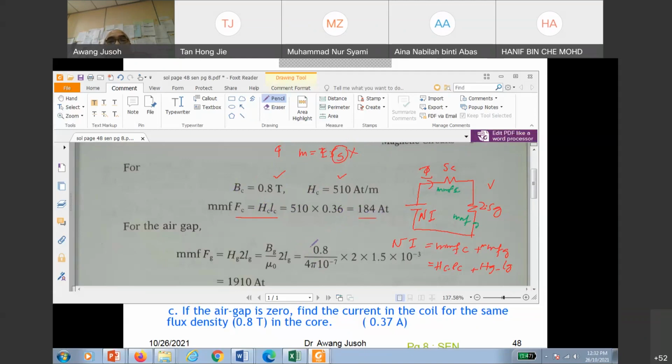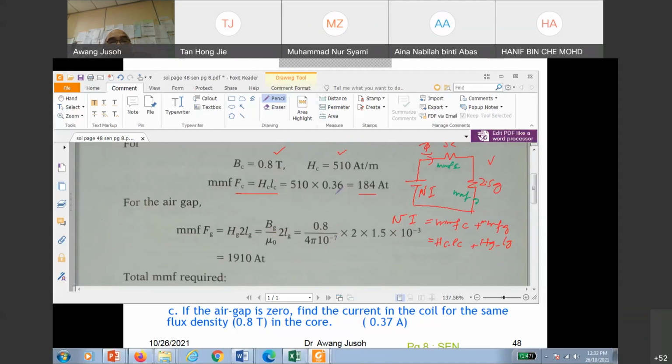Clear? Straight. Okay. Next, we go to the air gap. Air gap, we know just now we have two air gaps there. Okay, so MMF at air gap equals Hg times 2Lg. Don't forget about the number 2 here. Otherwise, you get the wrong answer. Okay, Hg equals B over mu naught.